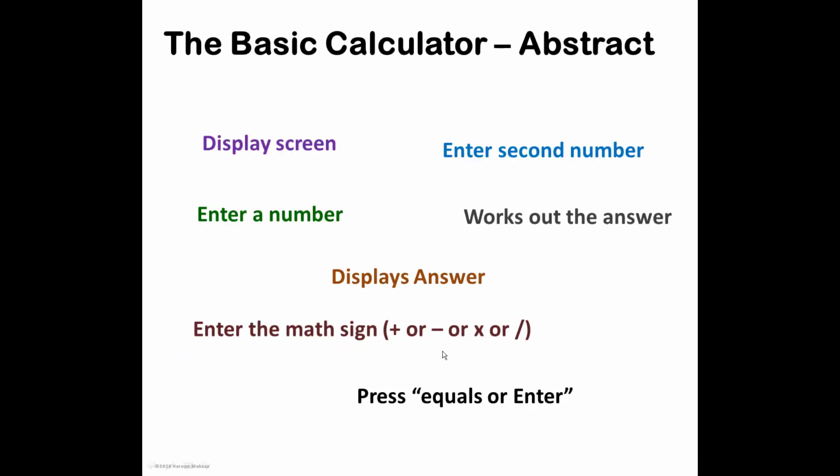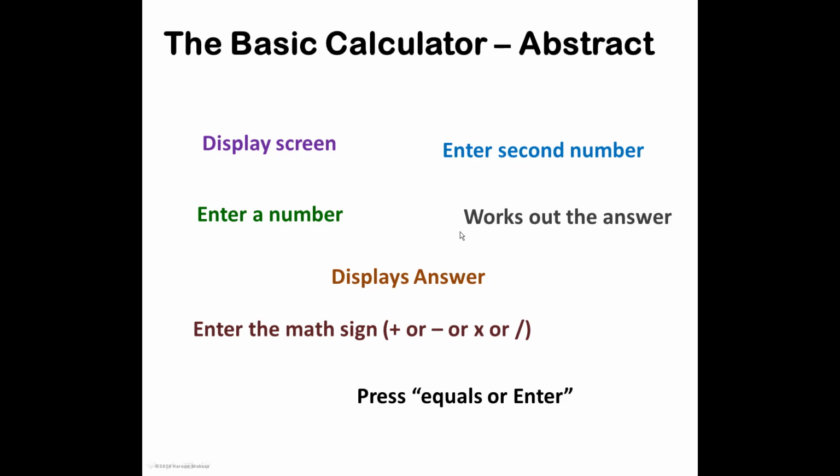Okay. So we're gonna take out a few important bits of information, and that's called abstraction. The first one is display screen. Now remember, a display screen is our parallelogram. Okay. Input and output. Now you have enter a second number, again input and output.